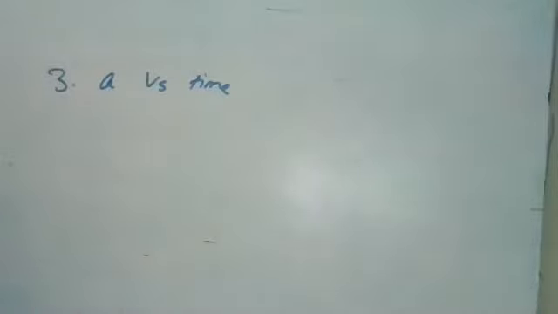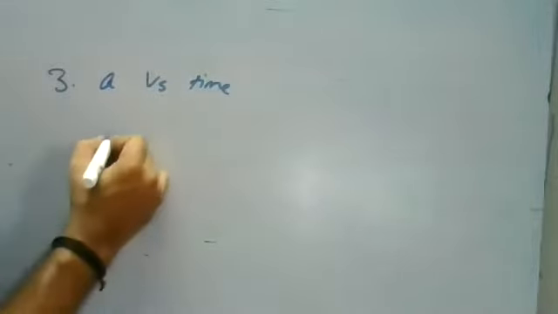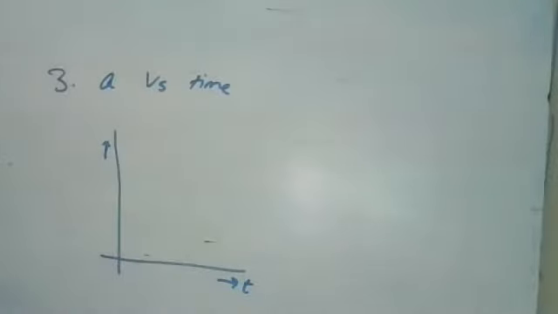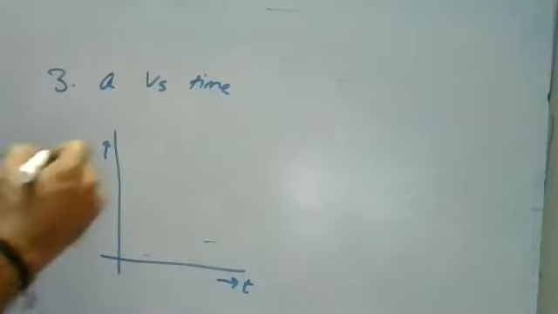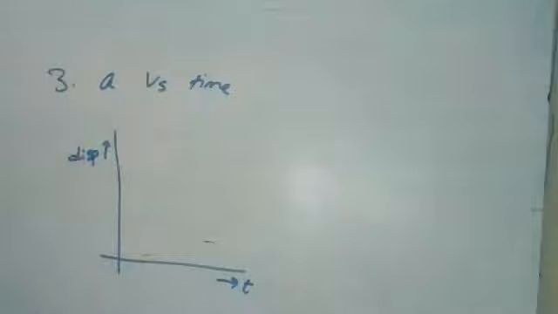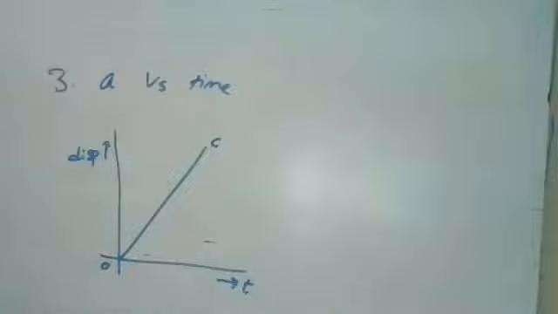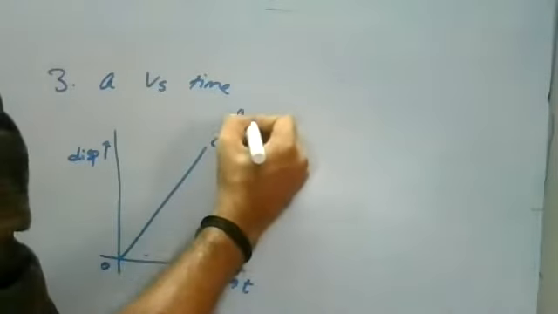The displacement and time graph is a straight line inclined to the time axis. At this point, acceleration is 0. Remember, at this point, acceleration is 0.